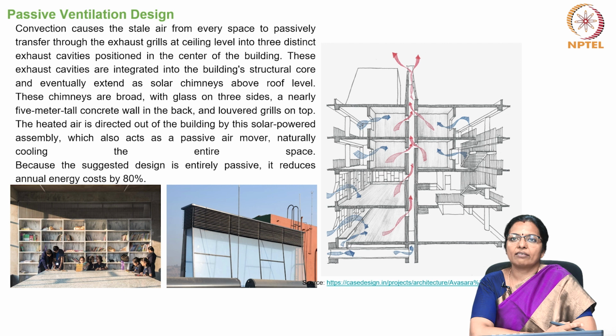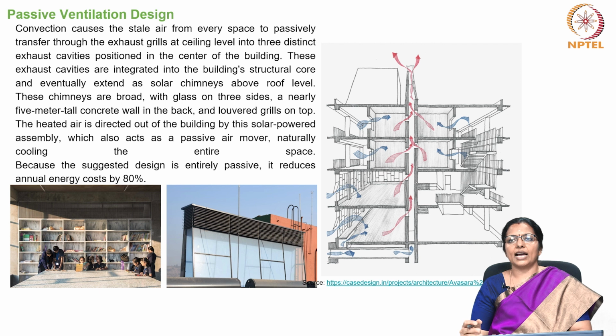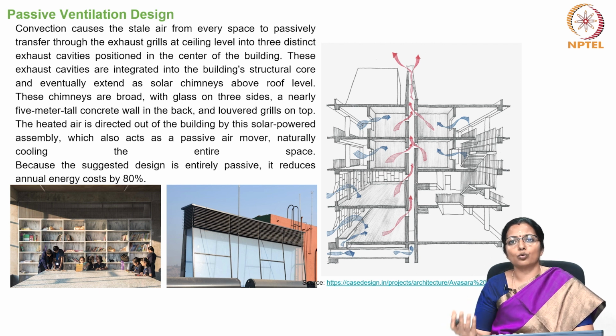These exhaust cavities are integrated into the building's structural core and eventually extend as solar chimneys above the roof level. These chimneys are broad with glass on three sides. A nearly 5-meter tall concrete wall in the back and louvered grills on the top are also placed.